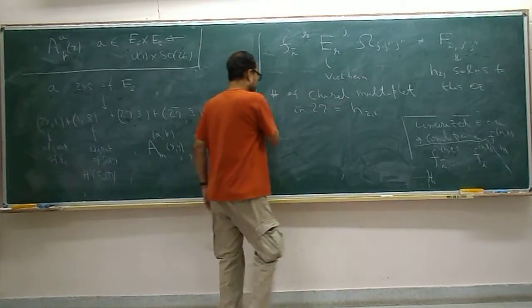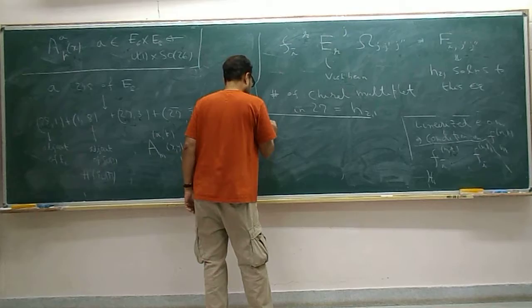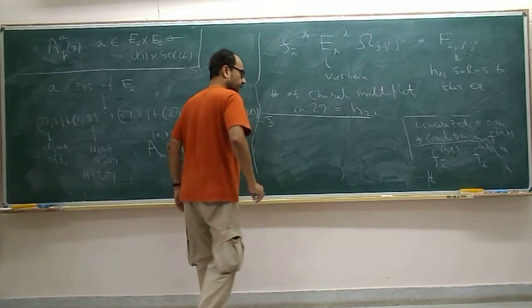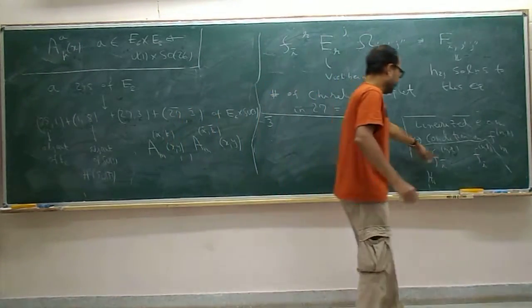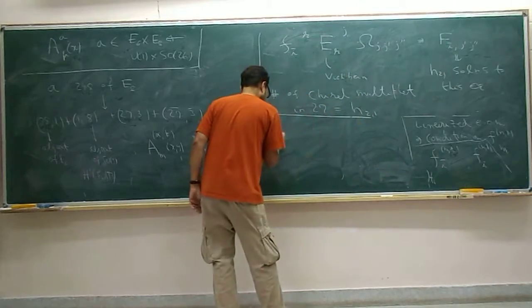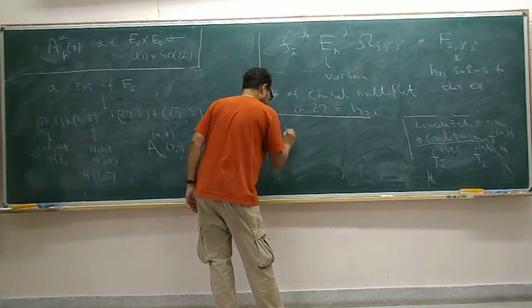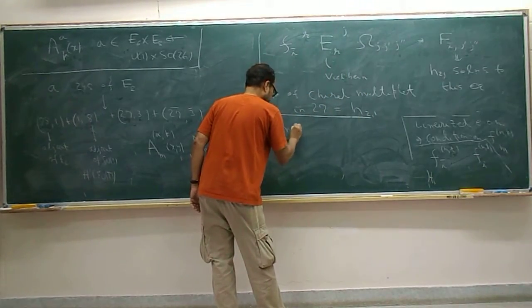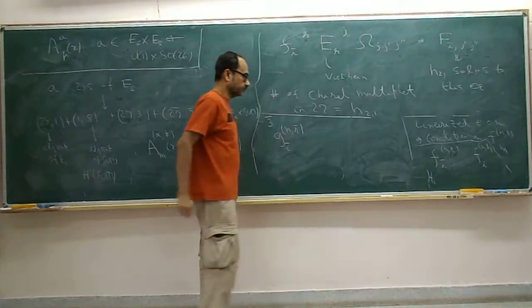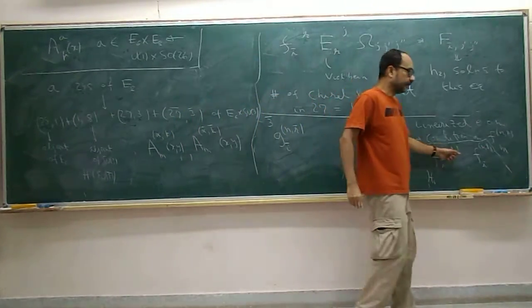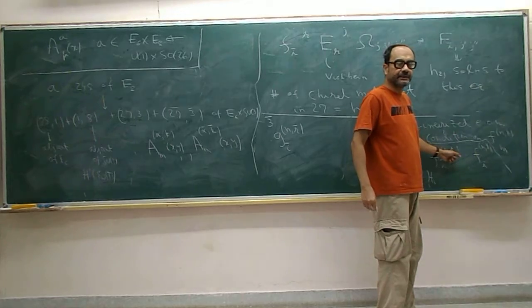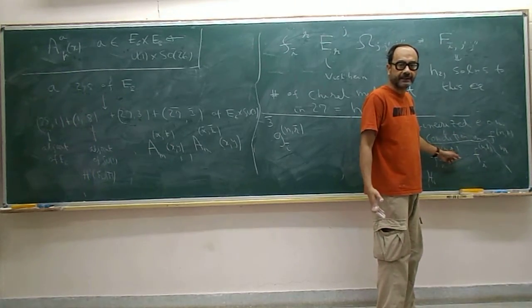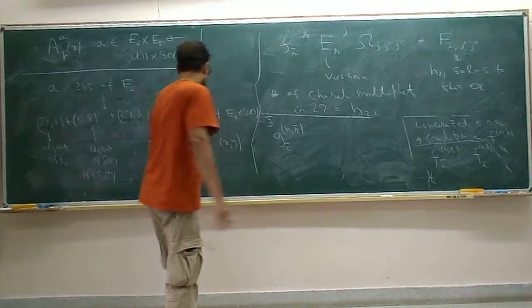Now we can do something similar for the other one, for the 3 bar. We will have a similar thing except that we will call it G I bar N R bar. This index will now not be the holomorphic index but an anti-holomorphic index, because it's transforming in the 3 bar of SU3.